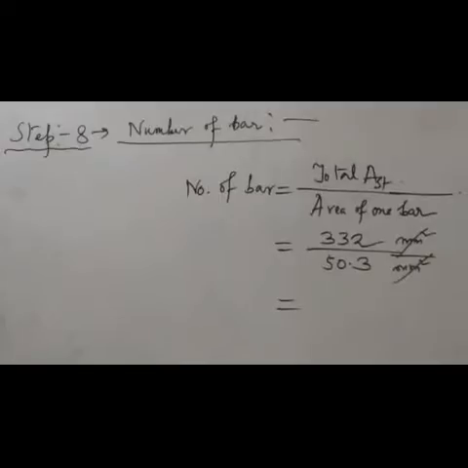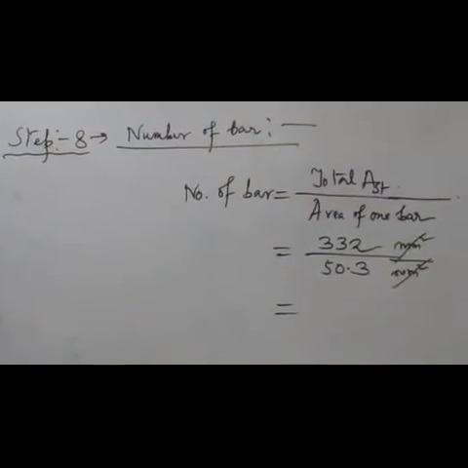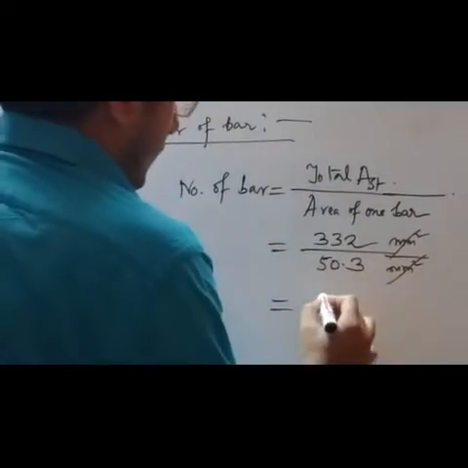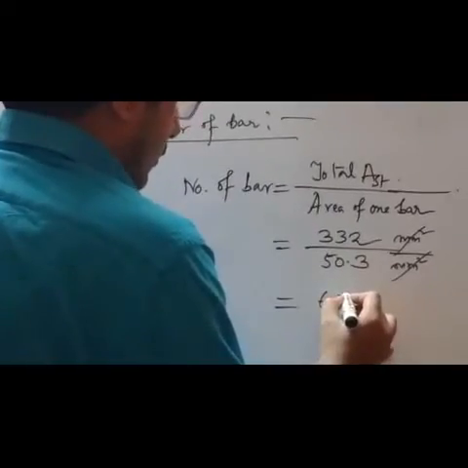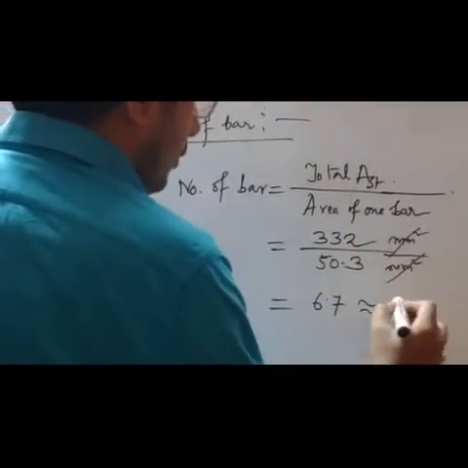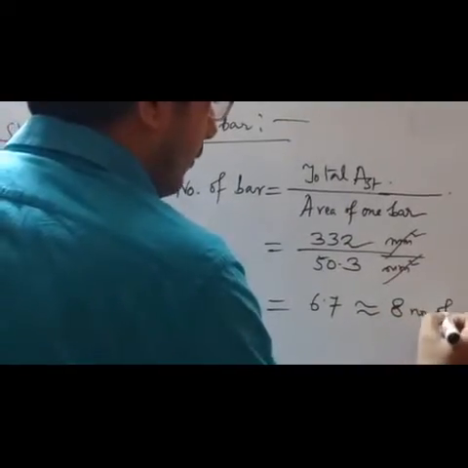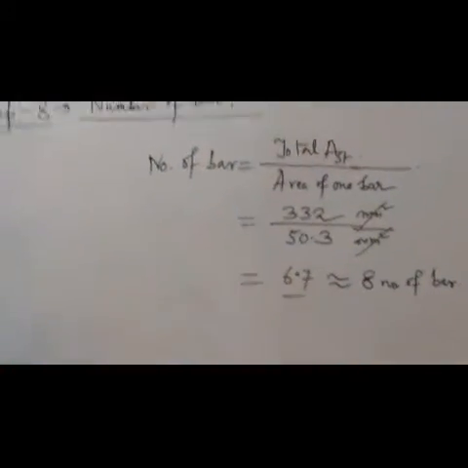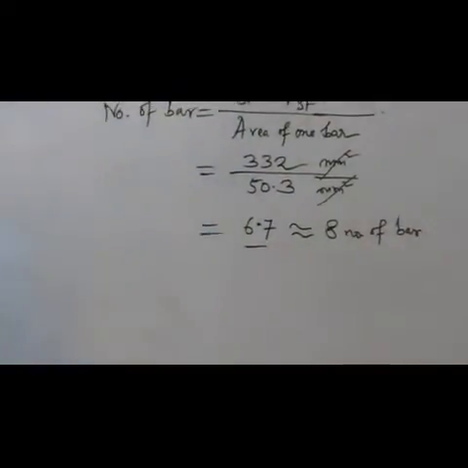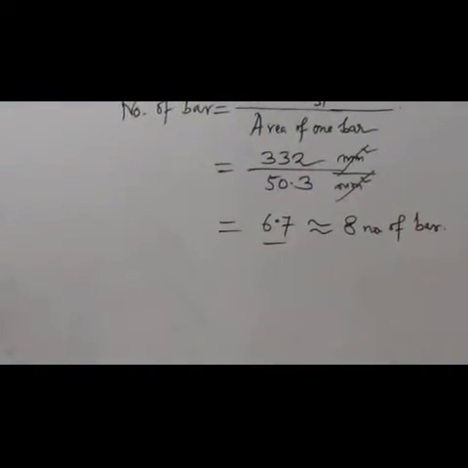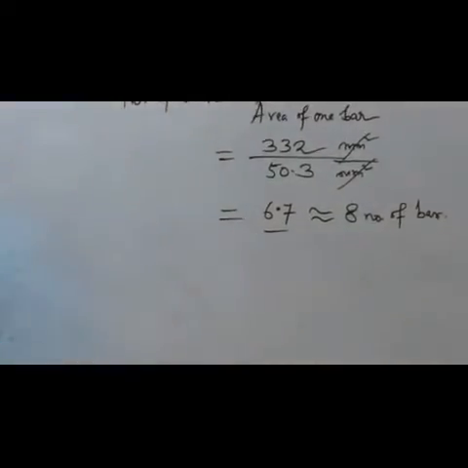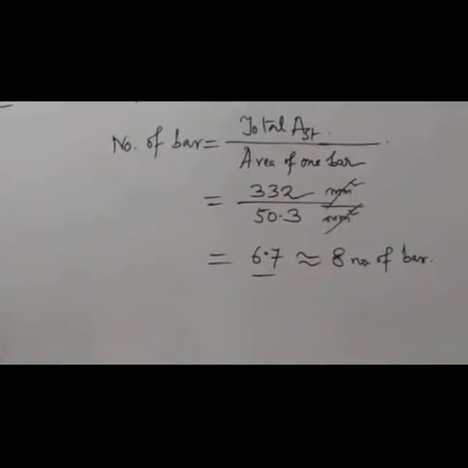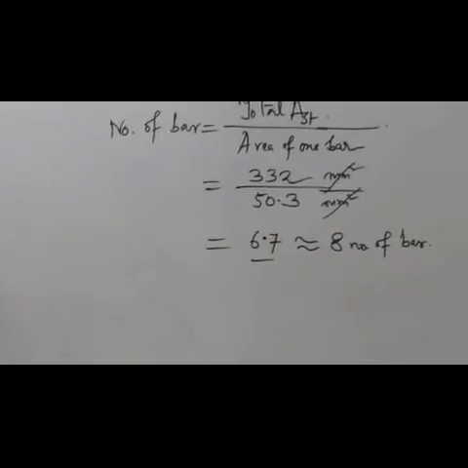If you calculate the number of bars, it is 6.7, almost equal to 8 bars, because a bar cannot be provided in fraction, so as an even number 8 is the nearest number, so the number of bars is 8. We cannot approximate the number of bars to a lesser value, we have to approximate to the greater value.